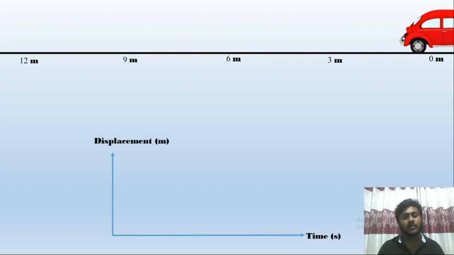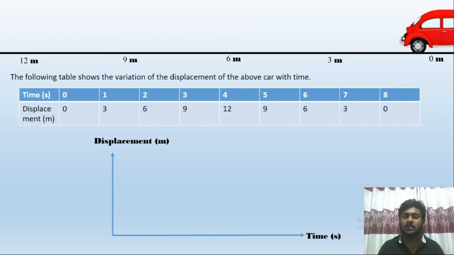So if we mark these data on a chart, the object moves 12 meters in the positive direction and another 12 meters in the negative direction and came to the rest position, that is the initial position.